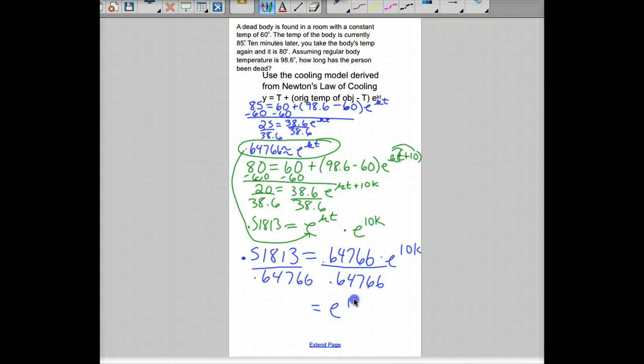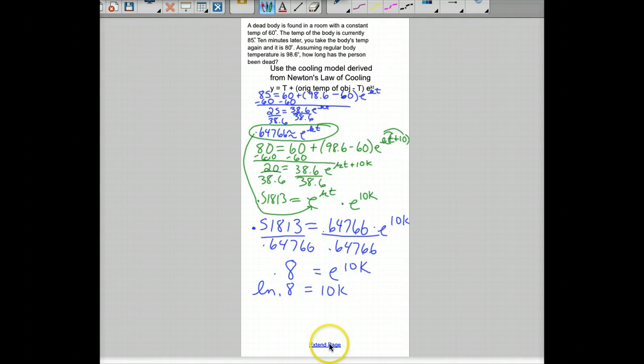So e to the 10k is approximately equal to 0.8. Taking the natural log of both sides, we have the natural log of 0.8 equals 10k. And divide both sides by 10. k will be approximately negative 0.02231.